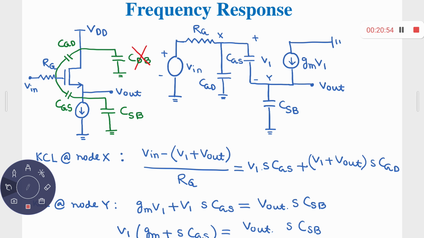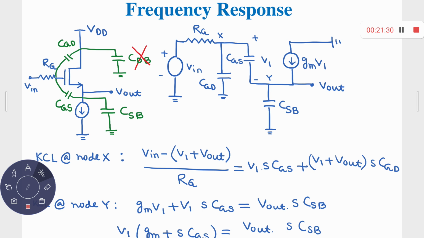So let's start with four capacitors: CGD, CGS, CSB, CDB. And there, instead of having a simple resistor between the source and the ground, which is acting as your output resistance, we have biased this using an ideal current source, which means infinite resistance.